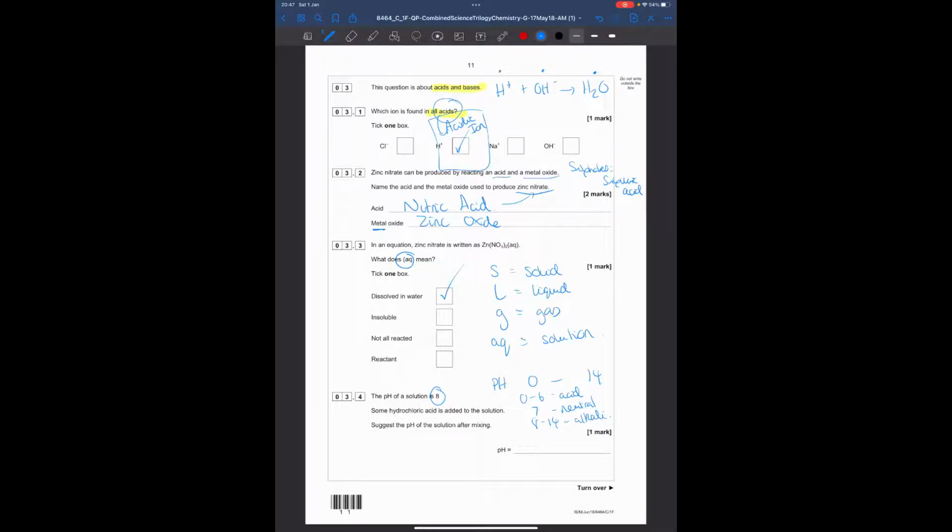Now, if you've got it already as an alkali and you're adding acid to it, then you are going to be moving down the pH scale. Because it's only saying suggest, it's not saying work out, you just need to put a logical answer and demonstrate you know which way it is going. So any number between 0 and 6 or 0 and 7 would get you the mark in this question.